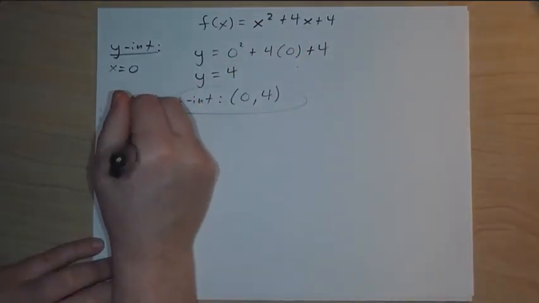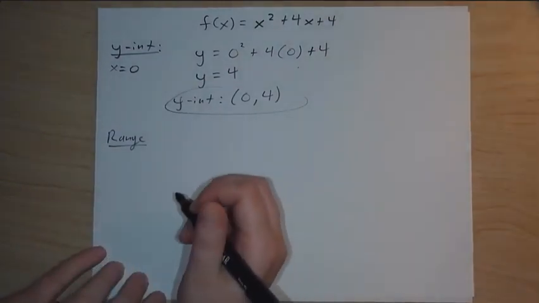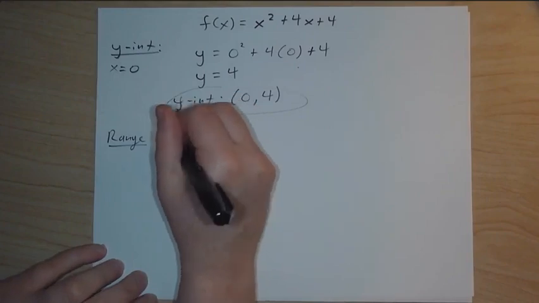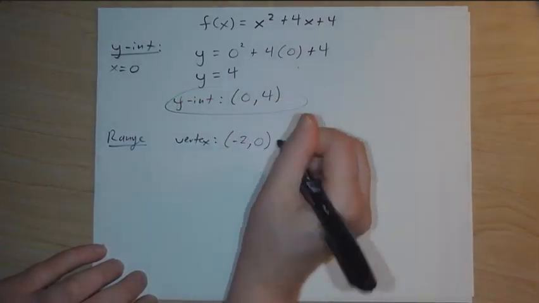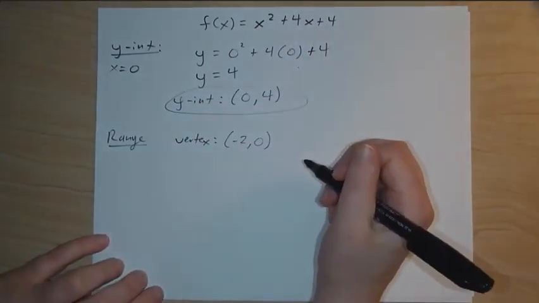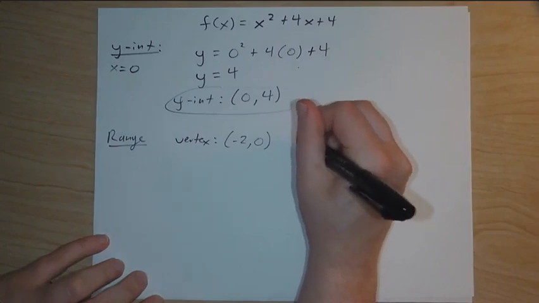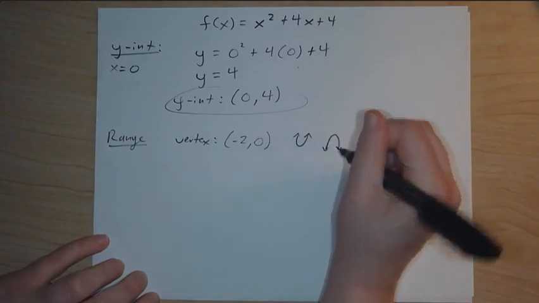Lastly, we want to look at our range. Our range is all of our possible y values. We're going to need to use the vertex for this. Our vertex was negative 2, 0. And if you graph this, you'll find that it's a parabola. Parabolas have two different forms. They either open upwards if they are positive, or if they are negative, they open downwards.